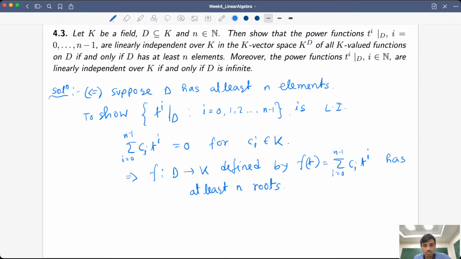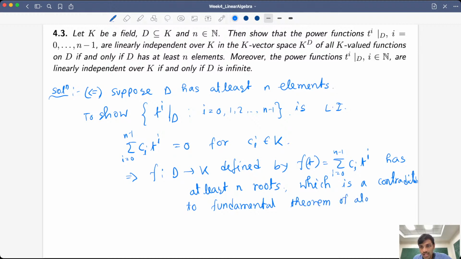Which is a contradiction to the fundamental theorem of algebra, unless all these c_i are 0, right?